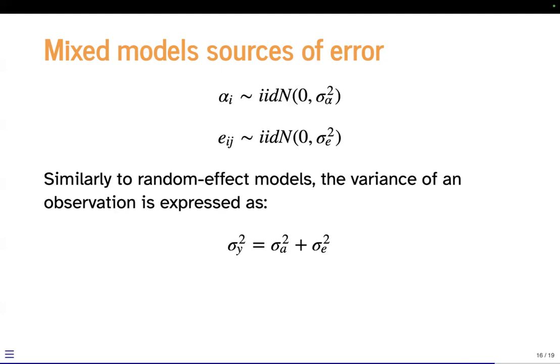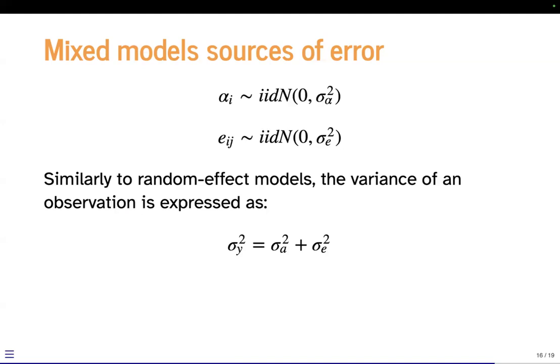Something that's really interesting, and I think you're going to notice it in today's exercise, is that you have this choice of treating your block as fixed or as random. You can even play around with it if you want and see what makes sense. The key thing is to have your block in the model if you properly designed it, but treating it as fixed or random is a choice you have, and it's going to have some repercussions on your results.